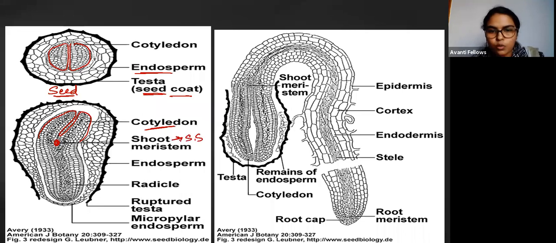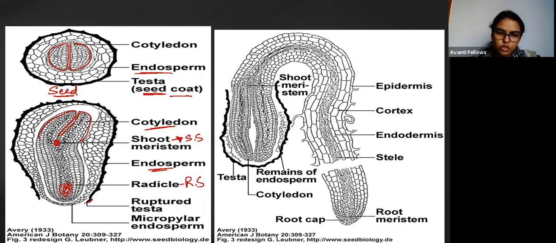तो shoot meristem को plumule भी कहते हैं. तो वहां से आपका shoot system will originate. Okay, and this is the endosperm, and this is the radicle. So this is the mass of radicle cells which will give rise to the root system.